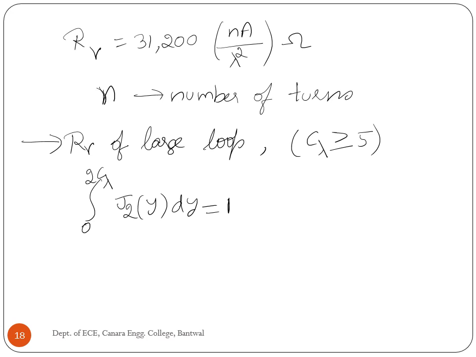Then radiation resistance is equal to 60 pi square C lambda.